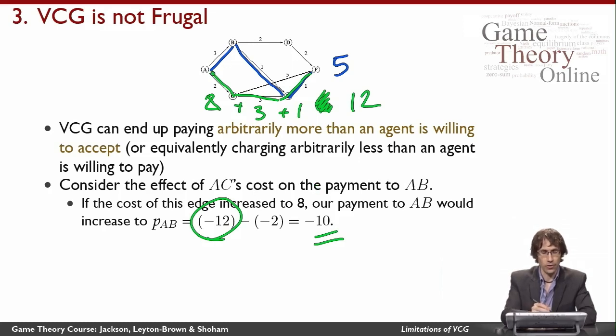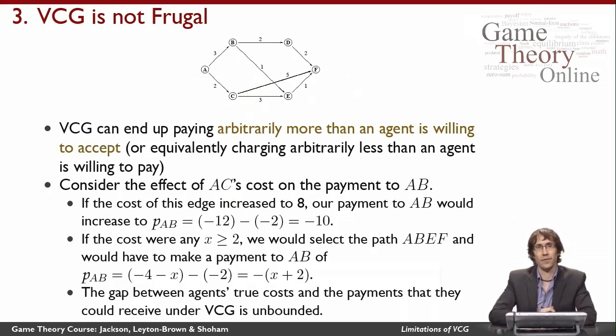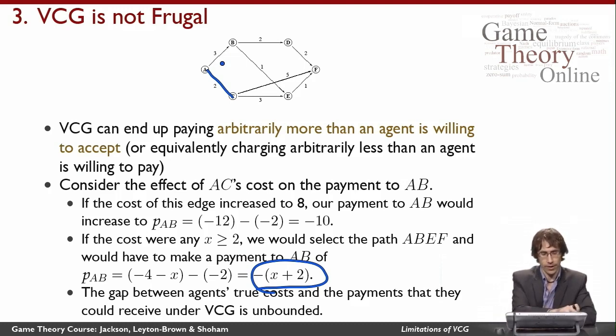And although we didn't change anything about what AB was willing to accept, we ended up changing our payment to AB also by 6. And indeed, if the cost was any x greater than 2 for this edge AC, then we would end up making a payment to AB which depends on x and doesn't depend on AB's own value. So this means that the gap between agents' true costs and the payments they could receive under VCG is unbounded.